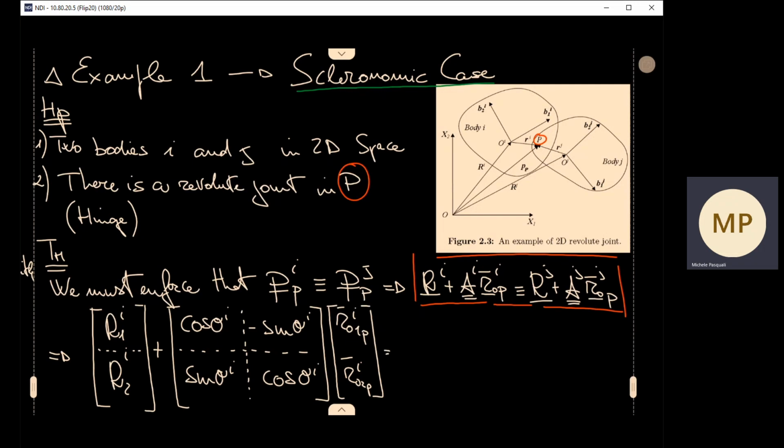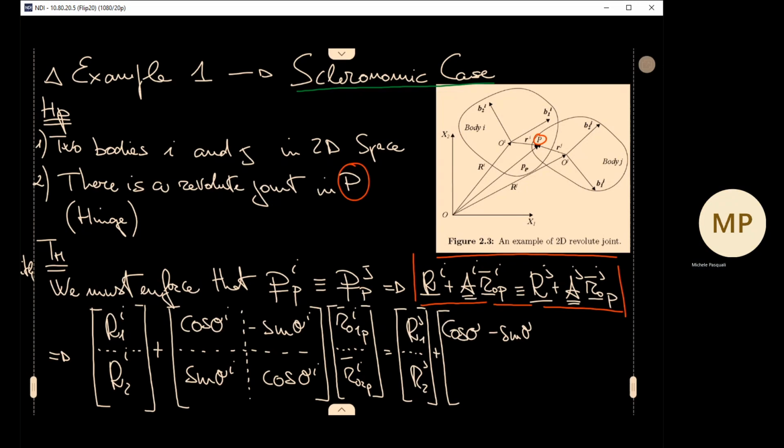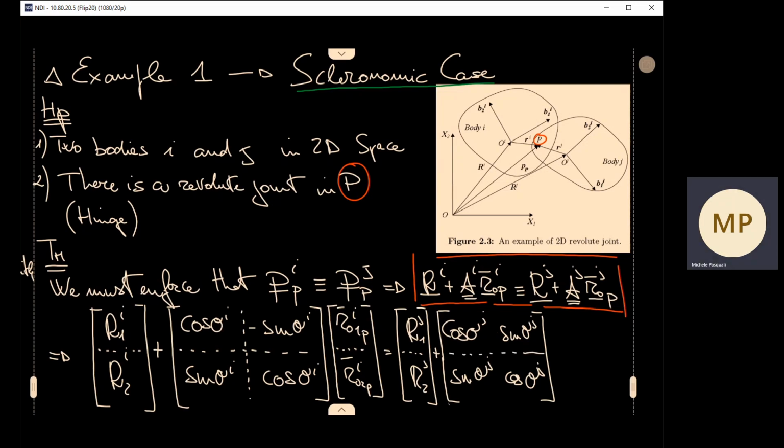And now we have to write the same stuff, but referred to body J. So we have R1 and R2, but referred to body J, plus always cosine of theta, minus sine of theta, sine of theta, cosine of theta, always J. In this case, we are talking about body J. And then applied over R0,1P of J, and R0,2P of J.